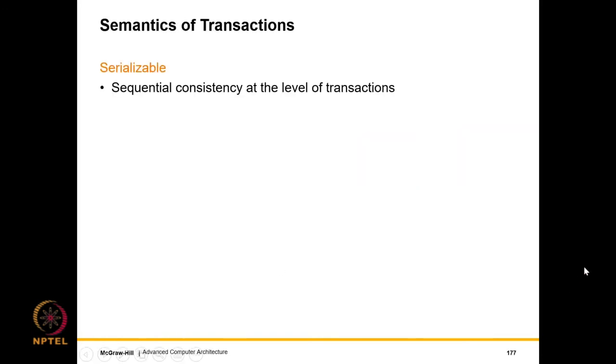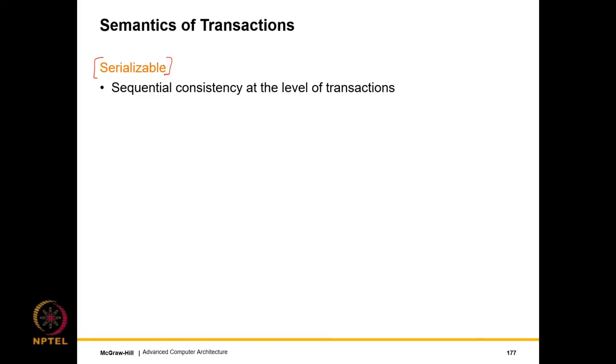So let us look at the semantics of transactions. We had discussed different consistency models when it came to regular memory accesses. We have something quite similar in the case of transactions as well. The metric that is commonly used is serializable. This is also used in database transactions to a large extent.